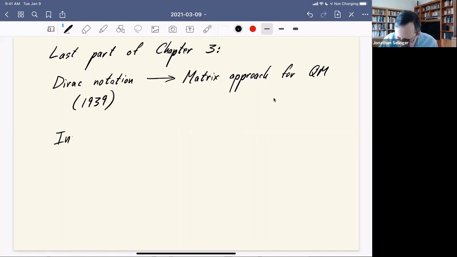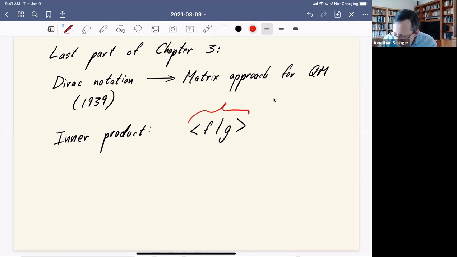It's based on the inner product. You guys know now about inner products, and so you know that we have the inner product of two functions like this, f and g. Dirac was thinking about this back in 1939, and he said, well, this looks kind of like a bracket, something with f and g.